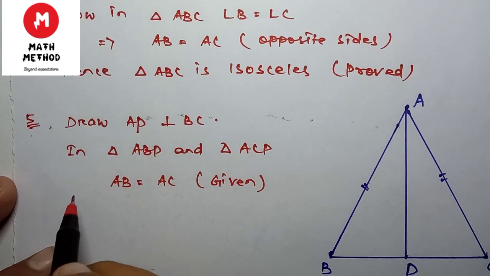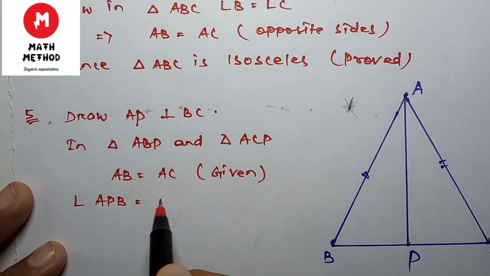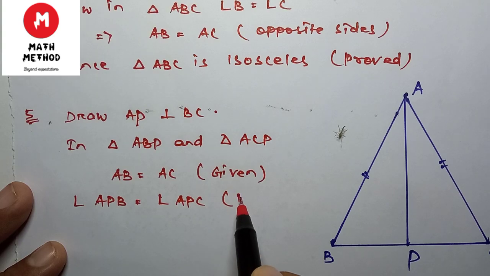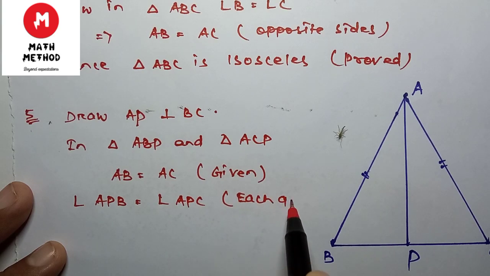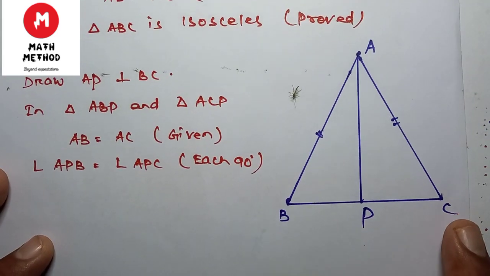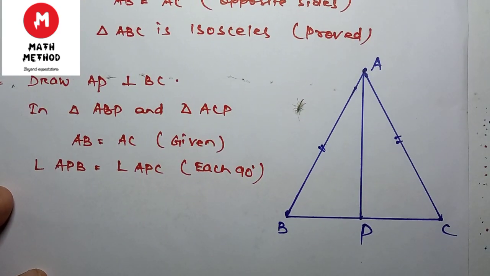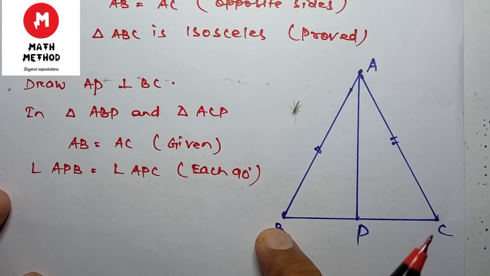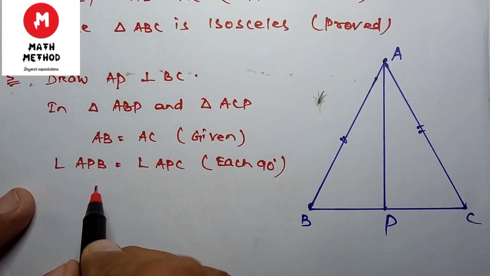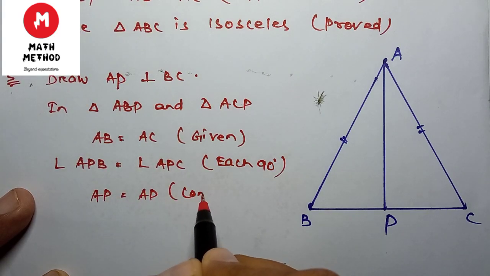So again angle APB is equal to angle APC because each is 90 degrees, as we have drawn AP perpendicular with BC, therefore each is equal to 90 degrees, and AP is equal to AP because common side.